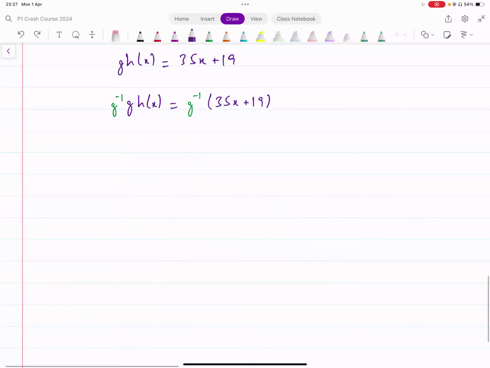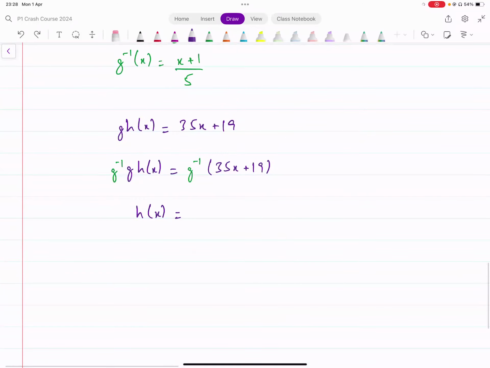Now on the left side, g inverse and g cancel each other's effect, and we're left with h of x. That means h of x is equal to g inverse of 35x plus 19. So in the g inverse of x function, wherever you've got x, you replace that with 35x plus 19. So that becomes 35x plus 19 plus 1 divided by 5.